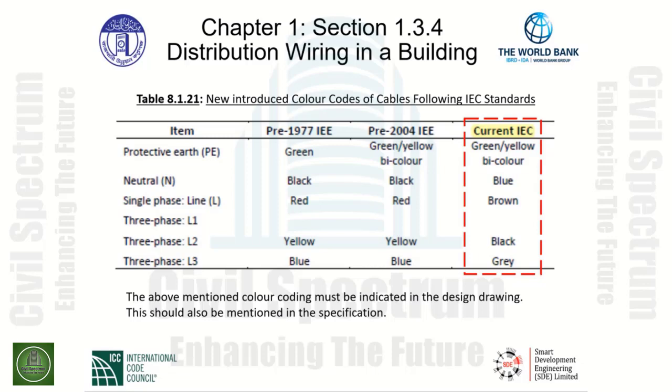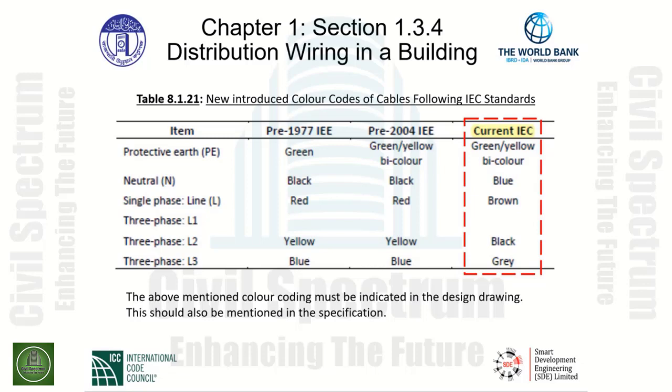This again is pre-1977 IEE standard. When you run into existing systems that have been wired according to that standard, these are the color codes that were referenced at the time of installation.